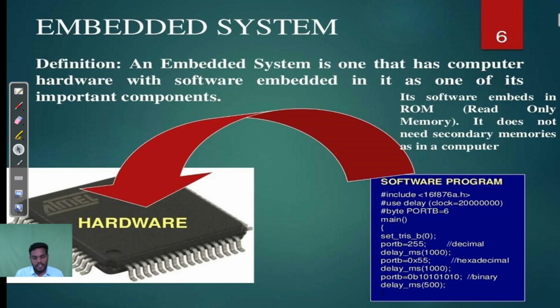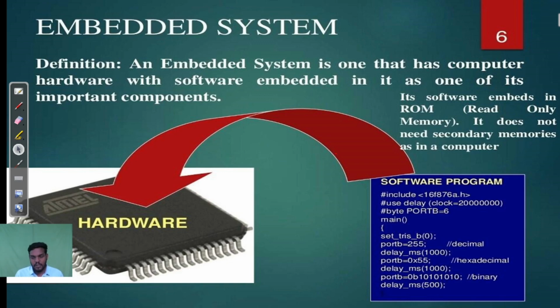Without a human, it is a basic hardware system. Human beings give intelligence to the hardware board through a software program, so it is an embedded system. It has computer hardware with software embedded in it, which is one of its important components.